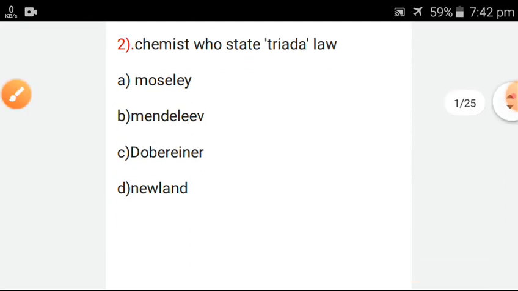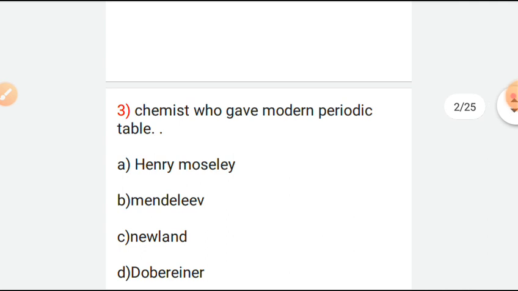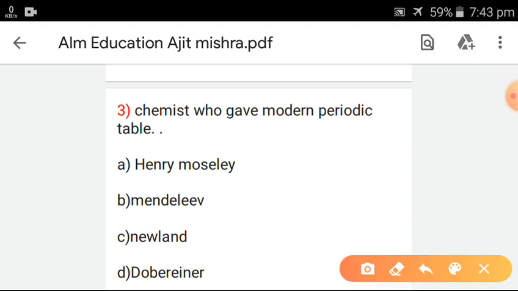Next question. Chemist who gave the modern periodic table. Among the given options, choose the name of the chemist who gave the modern periodic table. Option A, Henry Moseley. Option B, Mendeleev. Option C, Newlands. Or option D, Dobereiner. The answer will be option A, Henry Moseley.